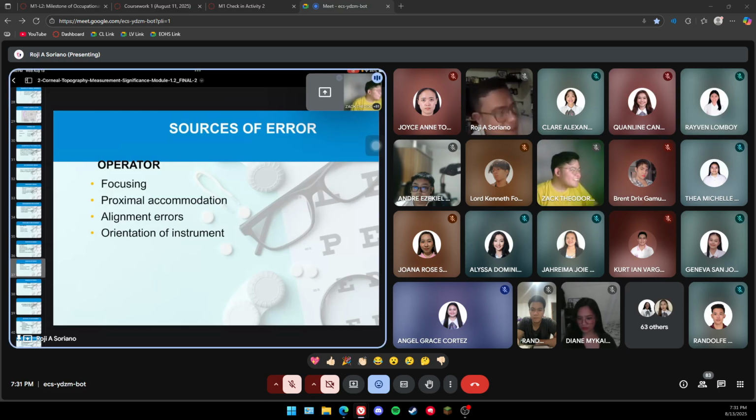Cycloplegia. Correct. It's called wet refraction, right? Paralyze it. Because a plus lens may not be enough. Though a plus lens helps relax, there's still that remaining action of the muscles, right? That can be hidden.